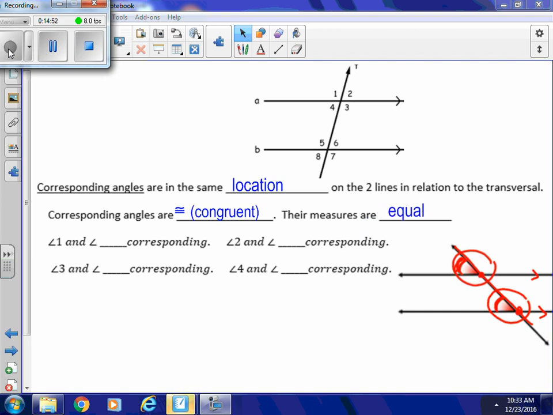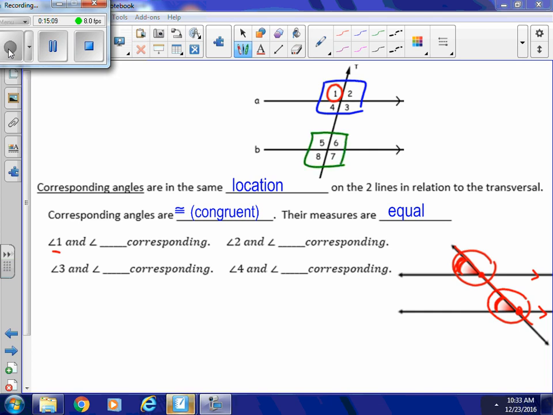So let's talk about who's corresponding to angle 1. So I've got angle 1 here, and I have my two intersections. We'll call one the blue intersection and the other the green intersection.